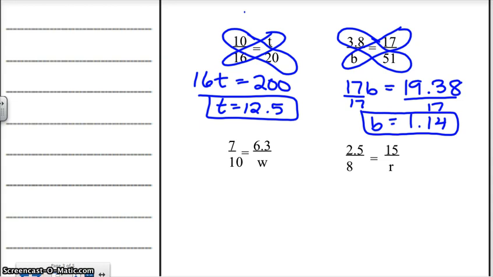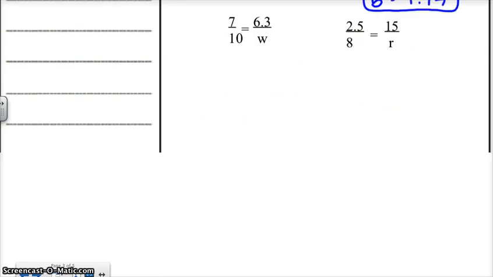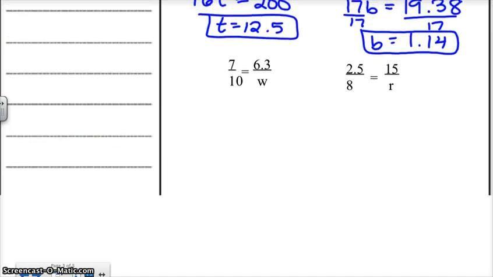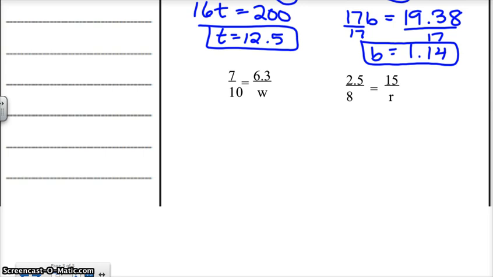Okay, setting the cross product up on the next one. 7 over 10 is equal to 6.3 over W. In order to solve for W, we apply our cross product knowledge. And I use my variable side first. So 7 times W is 7W is equal to 10 times 6.3.